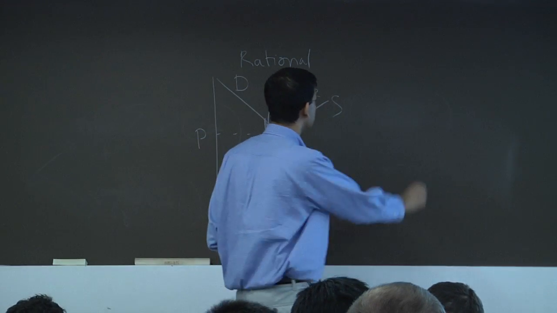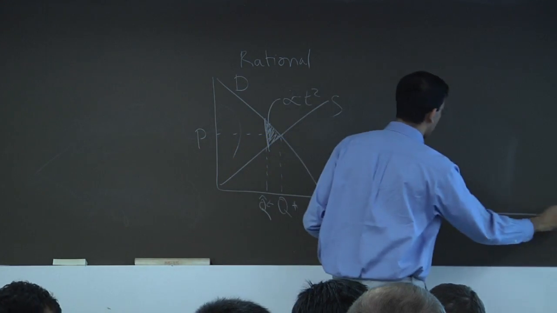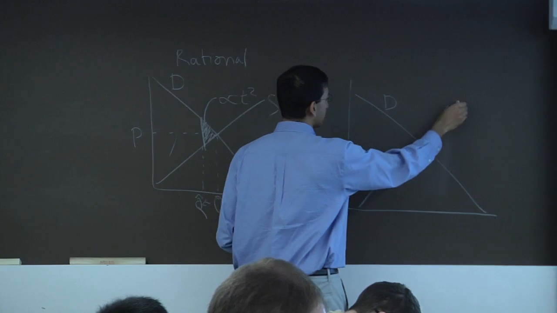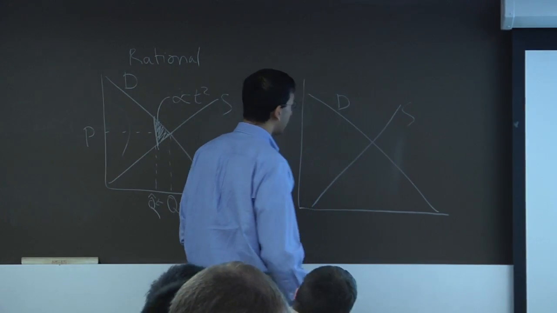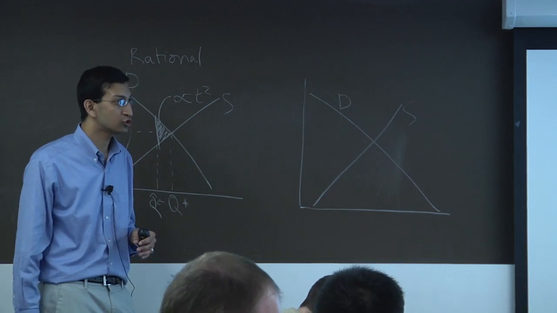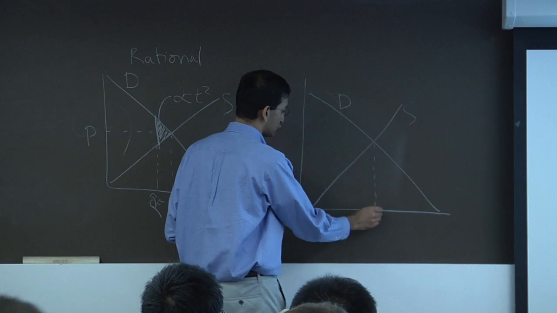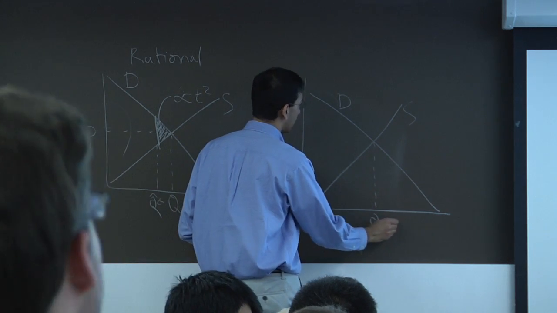In contrast, you take the irrational guys. Okay, their demand curve looks like that, same thing, okay? But they are consuming way too much to begin with. Okay, so let's say this is their true demand curve, and they should be consuming Q star, right?